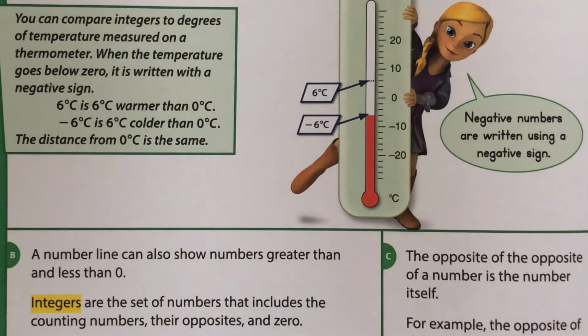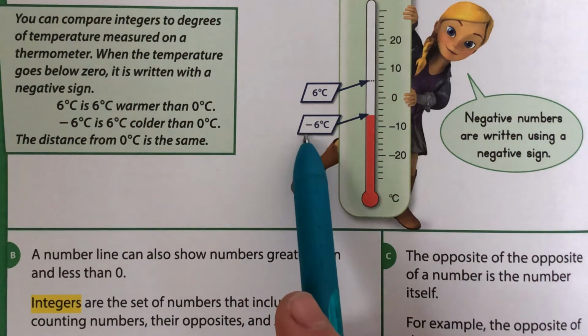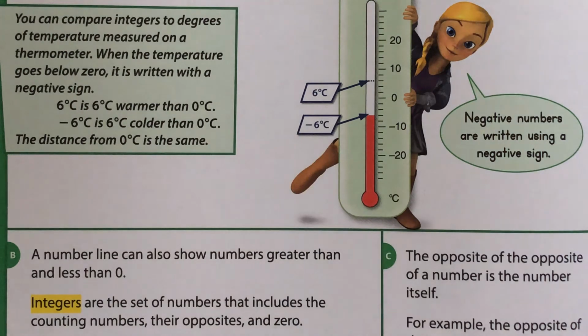Now, I also mentioned a word that you might not have heard of either, which is the word negative. This minus sign, it's not actually a minus sign, it's a negative sign. And basically, being negative means it's below 0 or less than 0. That's what it means to be a negative number.